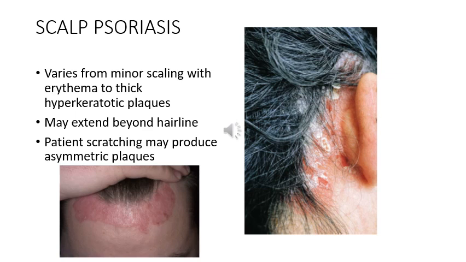Plaques means any elevations which are more than 1 centimeter or 2 centimeters or even larger. It is called plaques, and it may extend beyond the hairline. Since it is in the scalp, there's a tendency of scratching the head, and this produces asymmetric plaques.